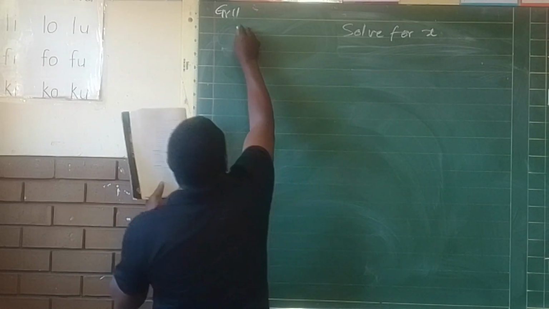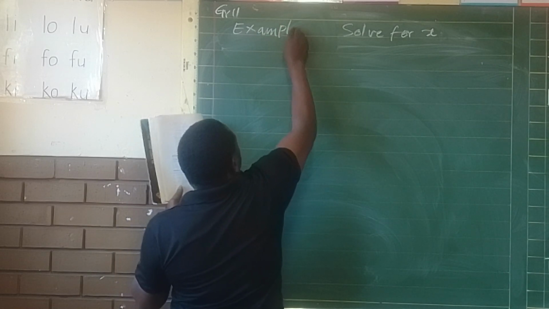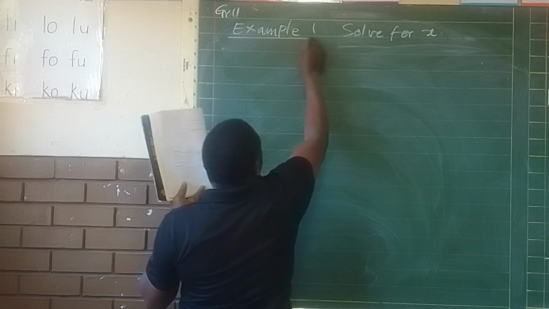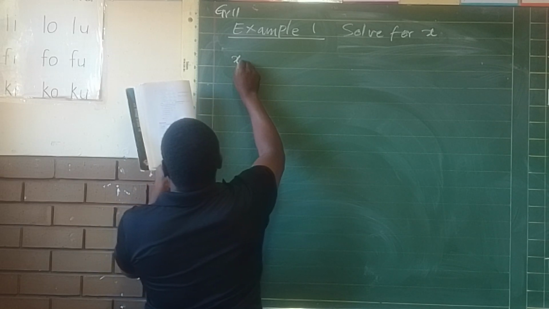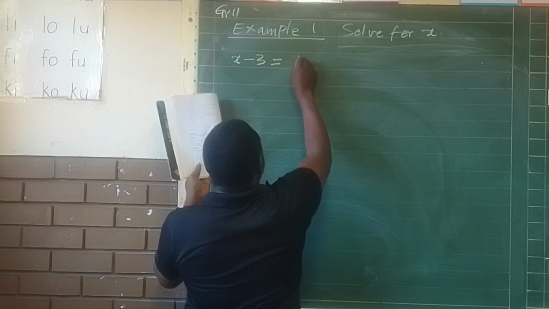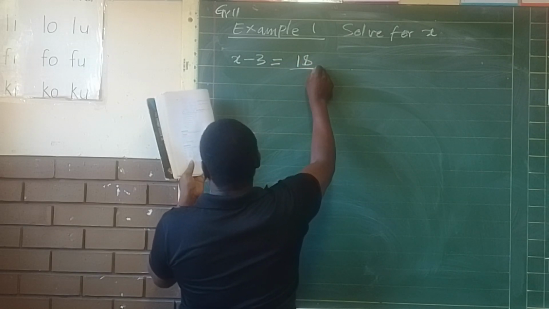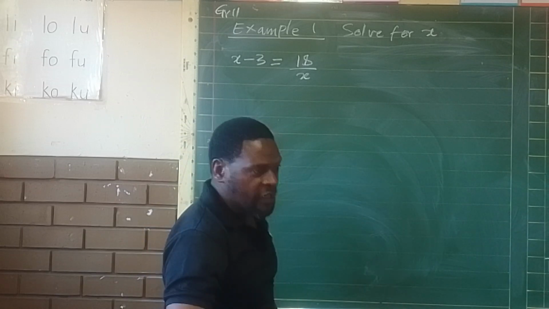Solve for x. Example 1. We have x minus 3 is equals to 18 over x. So solve for x.